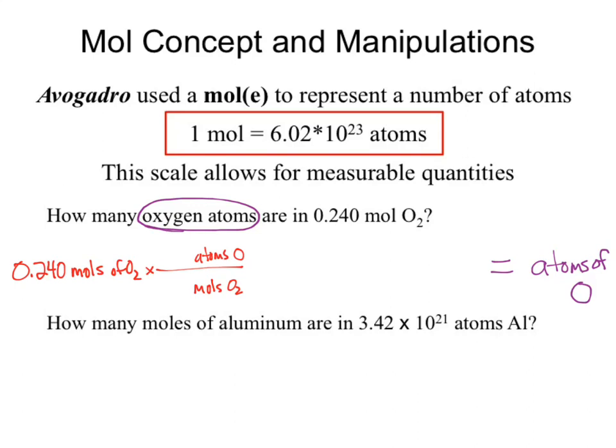Does that conversion factor work? No. Why not? Look at our units. We're looking at oxygen versus O2. That conversion factor does not translate for us. So we're going to have to do some extra conversions. We don't have that relationship.